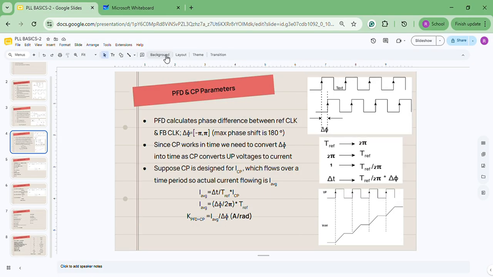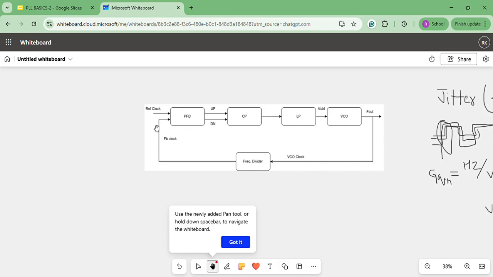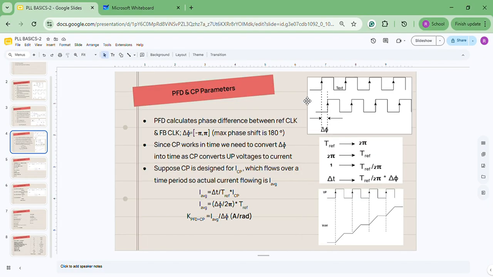So what does a PFD do? PFD has two clocks as input, reference clock and feedback clock. Suppose the first clock is our reference clock, the second clock is the feedback clock. What will PFD do? It will find out the phase difference between the reference clock and feedback clock, and it will give a phase shift.